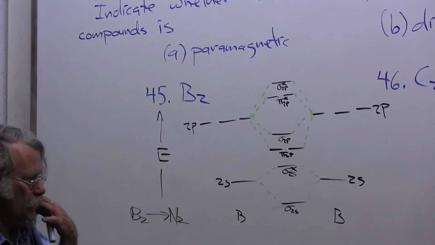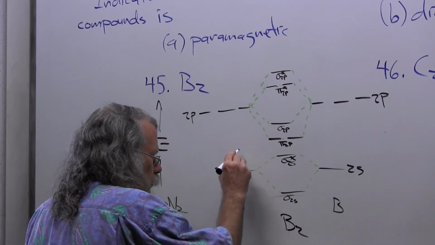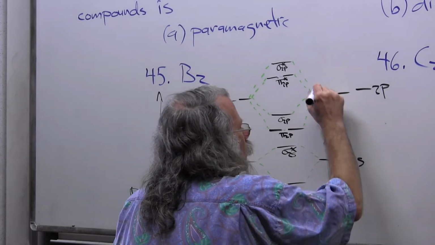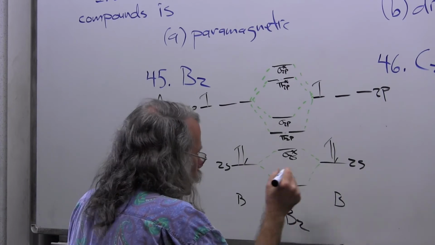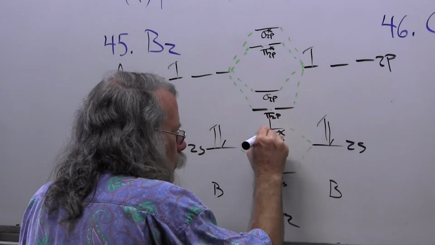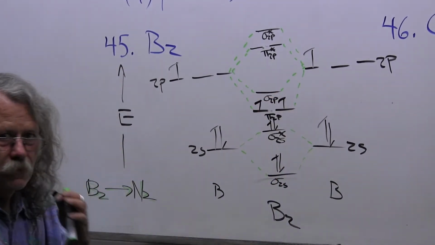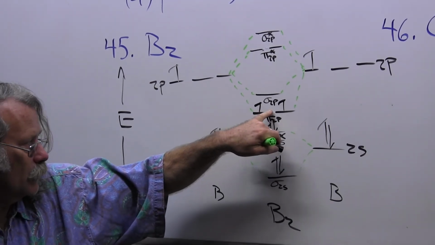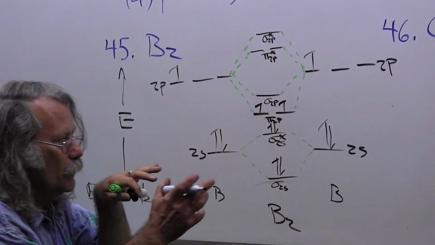And that would be, so here's B2. Now I just have to place in the electrons. There's going to be 6 electrons. I follow Hund's rule. 1, 2, 3, 4, 5, 6. And now, because these are pi orbitals, there are 2 of them of the same energy.